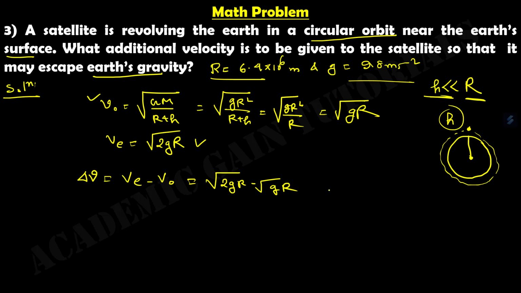So we can write this as root over 2 into root over g r minus root over g r. If I take root over g r in common, then I can write this as root over g r into root 2 minus 1.